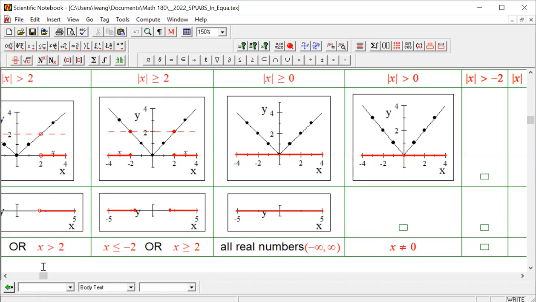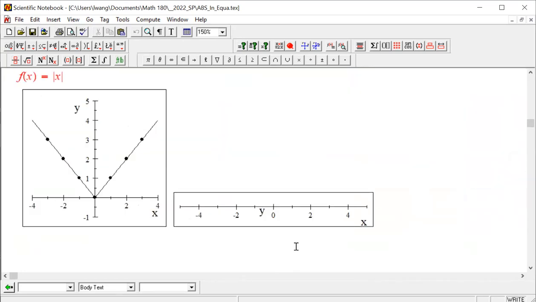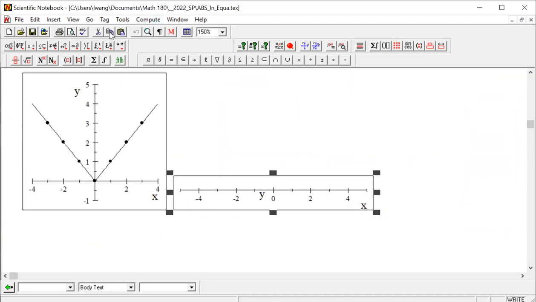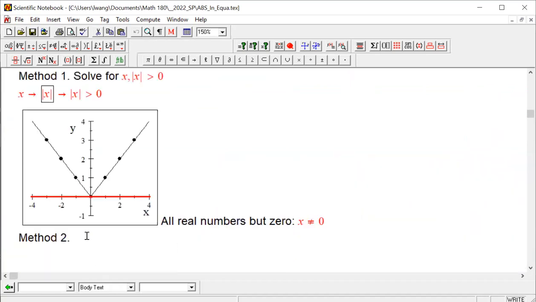On the number line, if we use the definition to express it, method 2, the expression will be very similar. It's also not including 0.